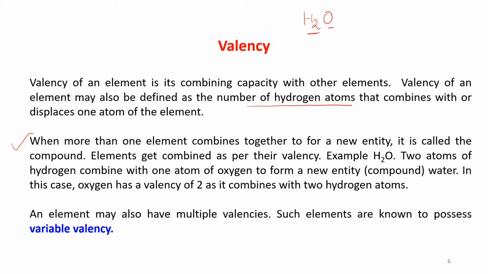So what are we saying, one atom of oxygen combines with two atoms of hydrogen. So the valency of oxygen is 2. Am I clear? An element may also have multiple valencies. Such elements are known to possess variable valency. Okay, children?